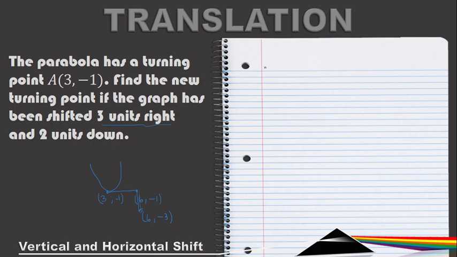Or we could just say that our equation will be, we take the normal 3 and then 3 units right, so we add 3 to our x, and we take the y, which was minus 1, and it's been shifted 2 units down, so minus another 2, and then this will give us 6 and minus 3, as we saw previously.